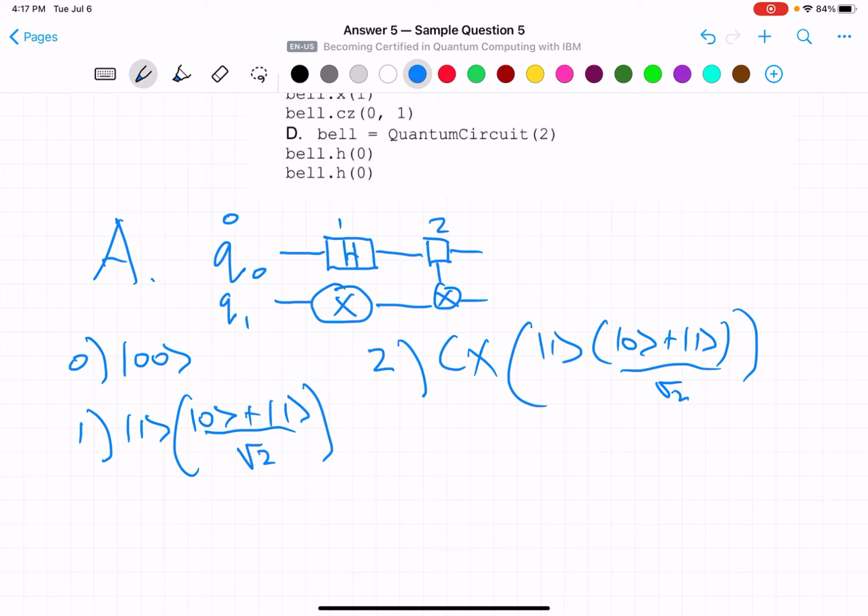Because we're doing a controlled NOT, it's going to act on one part of the superposition and not the other. Because we want to say an X gate happened on Q1 because Q0 was a 1, but an X gate didn't happen on Q1 when Q0 was a 0. And the only way to do that is to combine the states. So we'll combine them before we distribute.